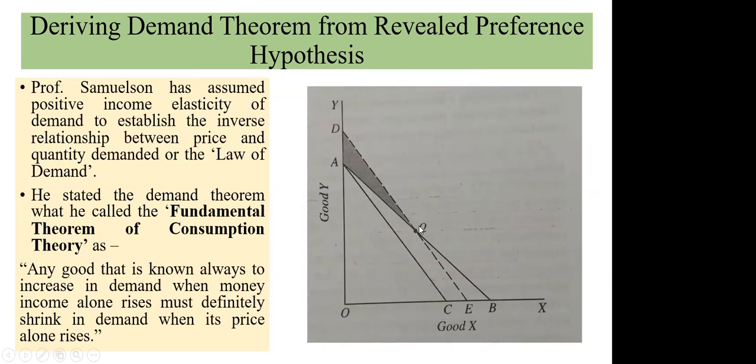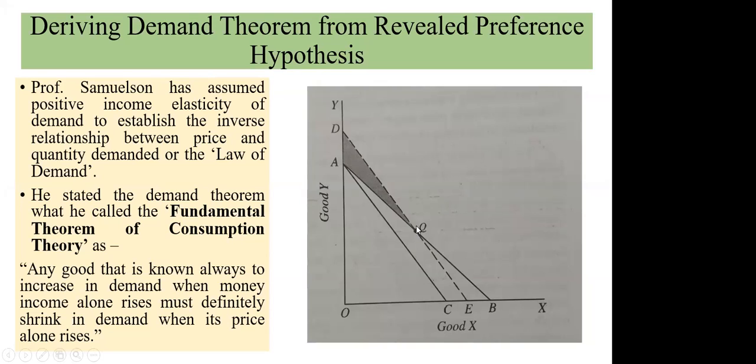So he cannot choose any point below this Q, because if he chooses, he will become inconsistent. Why so? Because when he chooses any point below Q, it was already previously available to him when his price line was AB. But he preferred Q over all of them, and he revealed that all of these points below Q are inferior to point Q.